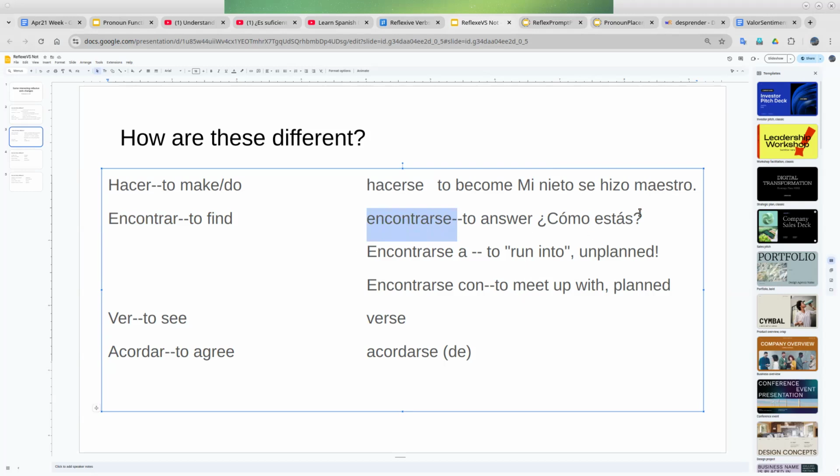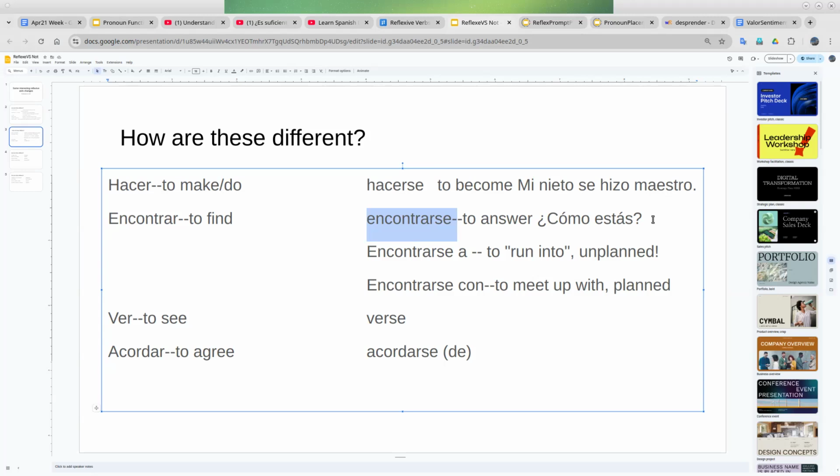The most common one, the one I want to emphasize with you today, is that encontrarse is often used to answer the question, ¿Cómo estás? Instead of saying estoy bien, I'm fine, somebody may choose, just because they feel like using a different expression, me encuentro bien.